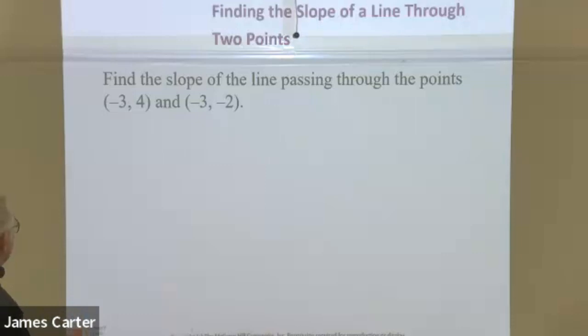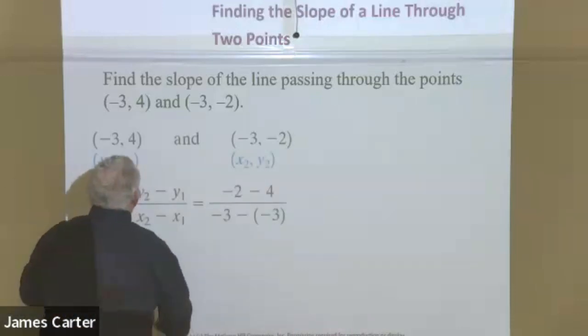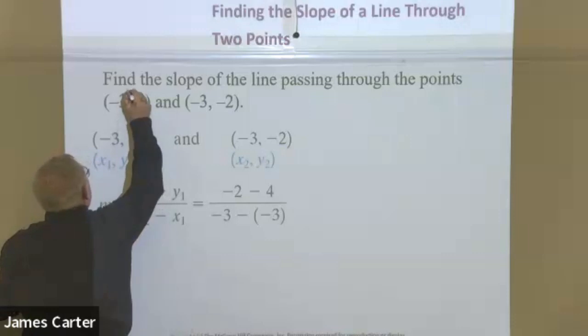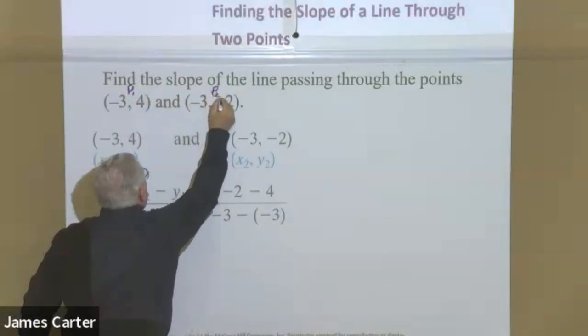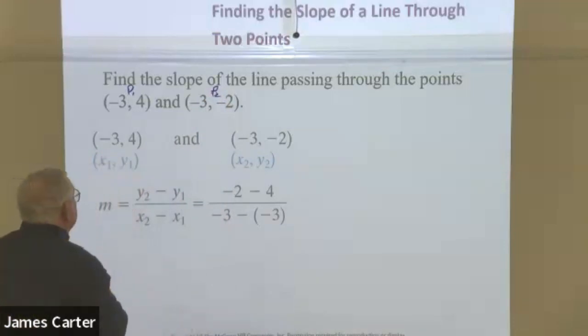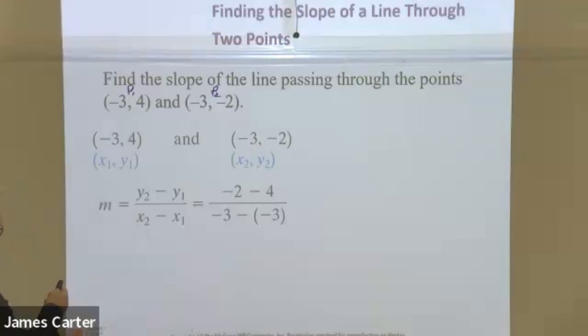Find the slope of the line that has these. Okay, in this case, they chose this to be point 1, and they chose this to be point 2. Okay. Uh-oh, we got a 0 in the denominator.